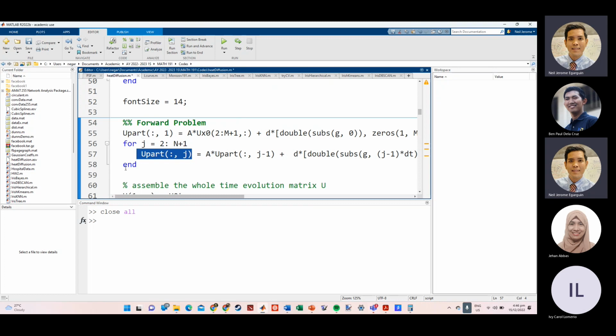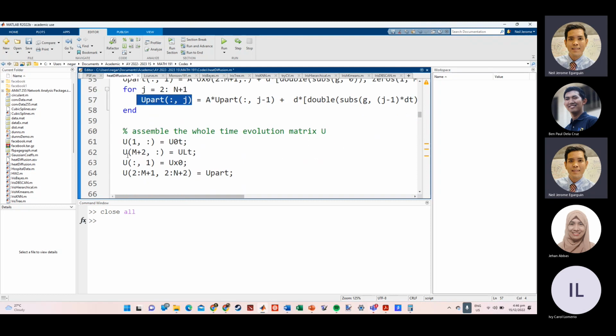And then U part will be a matrix with each of the rows corresponding to temperature values for each of the discretization points, and the columns represent the temperature values at the discretization points at particular moments in time. So yung bawat column dyan, yan yung temperature reading at a particular time t sub j.